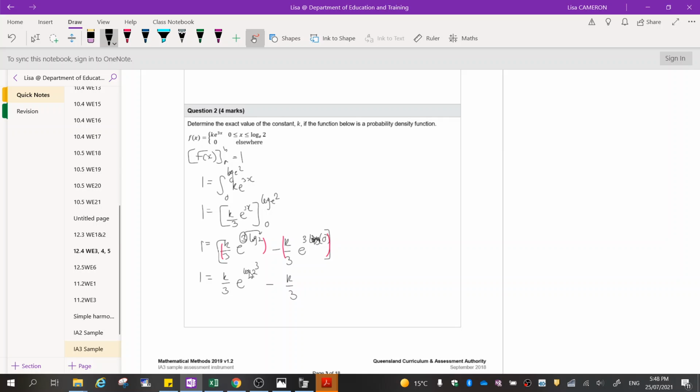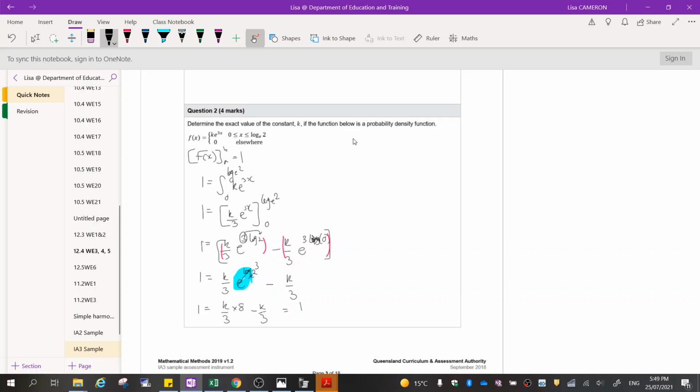Now I can start looking at this section here. Now, this has the same base, meaning I'll just be left with 2 to the power of 3 there. So now this is going to become, because that's knocked out, that's 1. k over 3 multiplied by 2 to the power of 3 is 8, minus k over 3. It's going to be equal to 1.